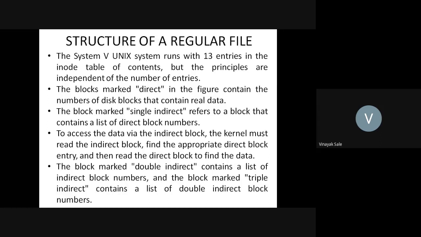The block marked double indirect contains a list of indirect block numbers, and the block marked triple indirect contains a list of double indirect block numbers.